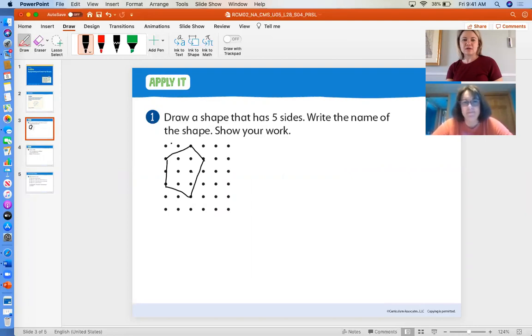Does that work? That works. To label my sides, 2, 3, 4, 5. So that's our show our work. So now all we have to do is put to the side, what is that shape called? Pentagon. 5 is a pentagon. Pentagon, yes.